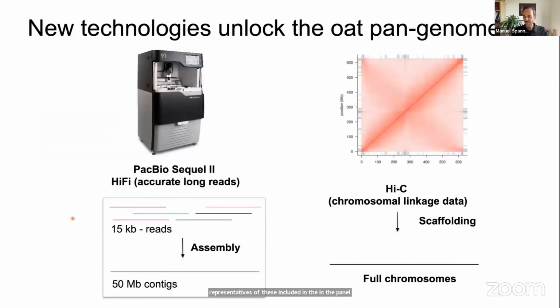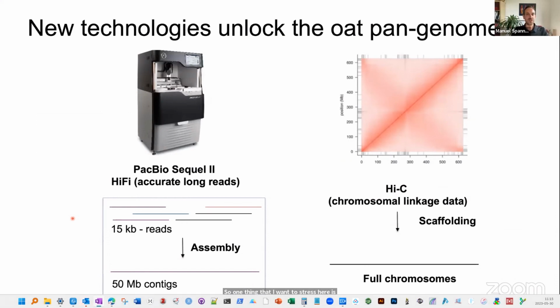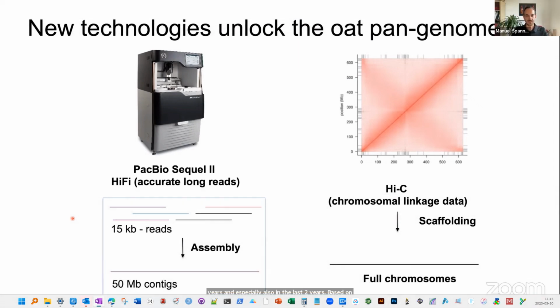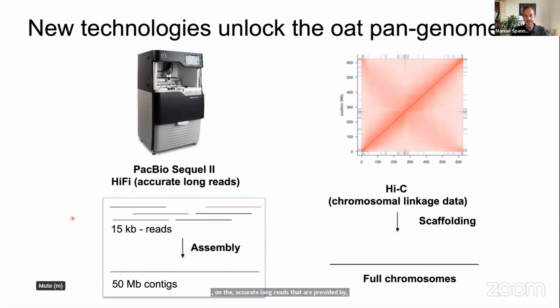So one thing that I want to stress here is why is all that possible now? And this is really because of the new technologies that made a dramatic leap forward within the last 5 years, and especially also in the last 2 years, based on the accurate long reads that are provided by HiFi sequencing from PacBio, which allow us to tackle even the most complex plant and crop genomes now and get assemblies with up to 50 megabase contigs.